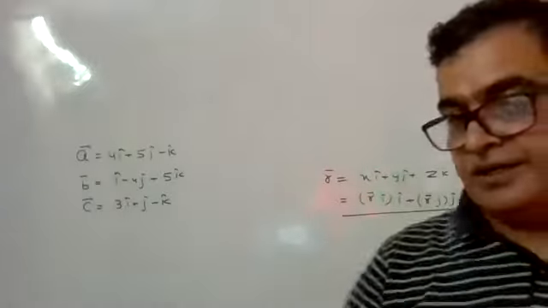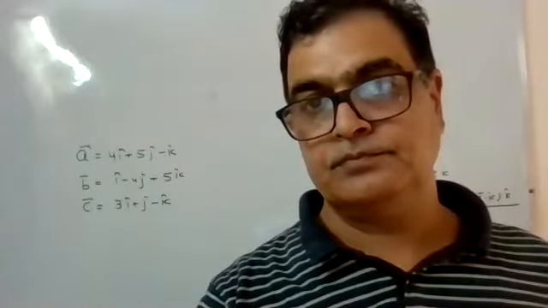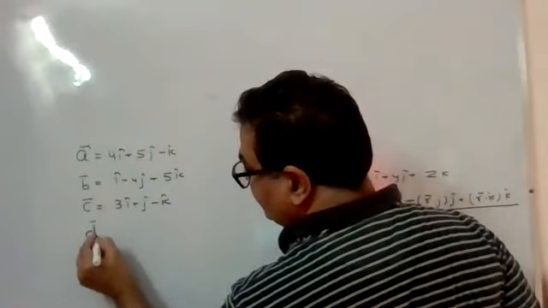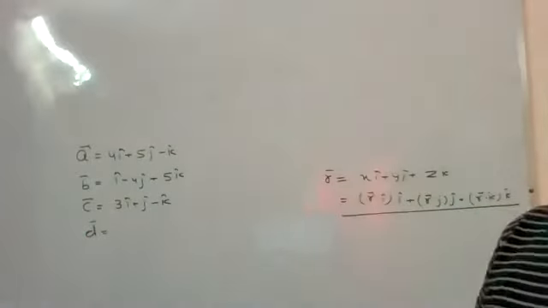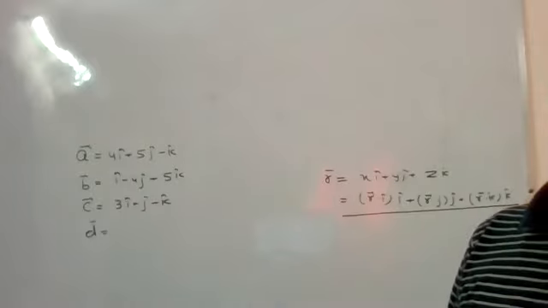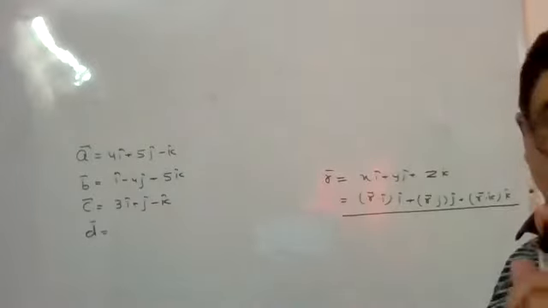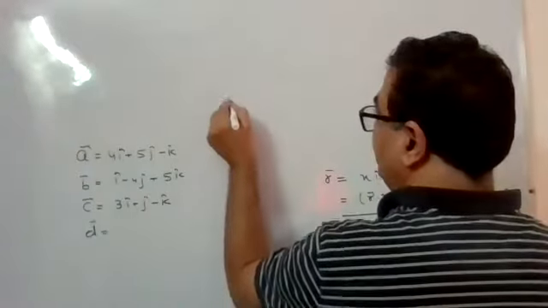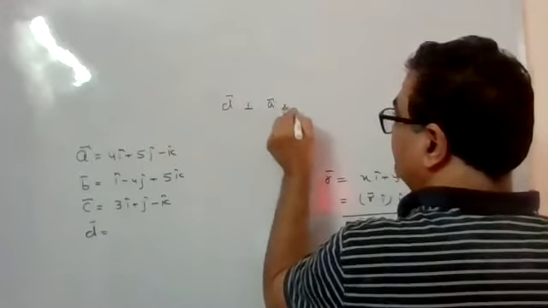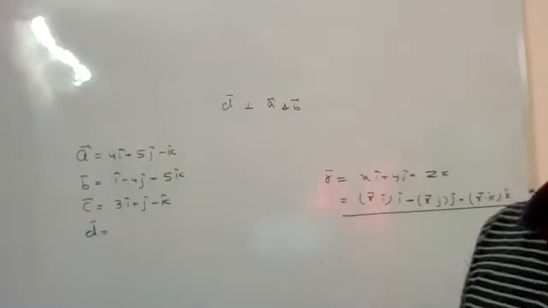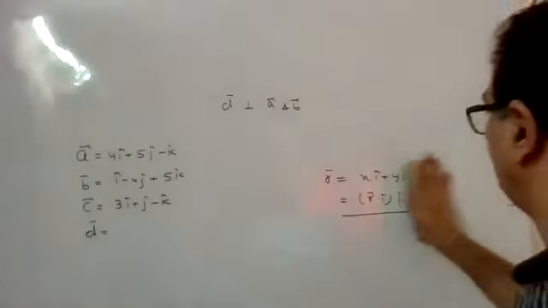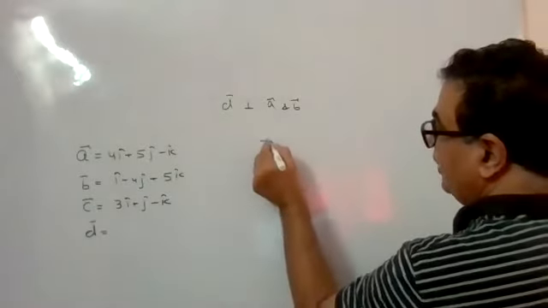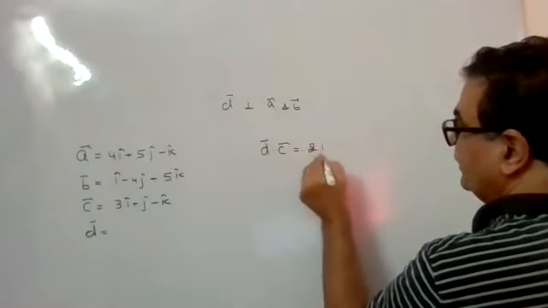Find a vector D. We don't know what this vector D is, we should calculate it, which is perpendicular to both A and B. And D dot C is given as 21.